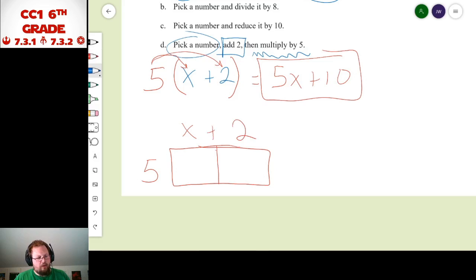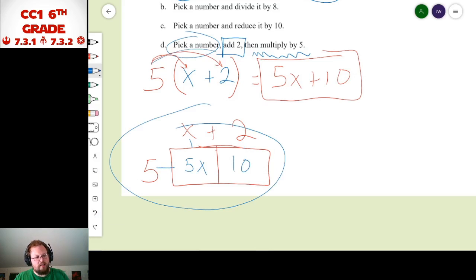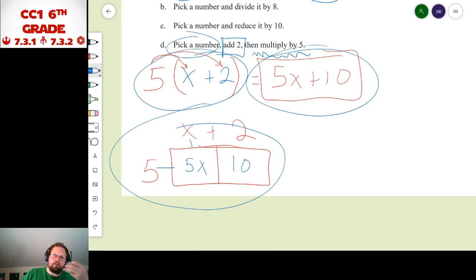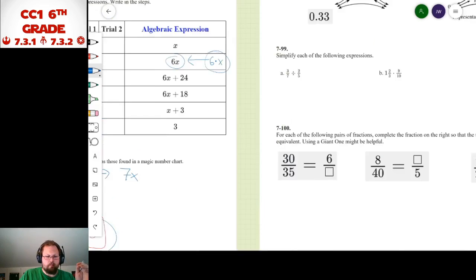Now, 5 times x is the same process you did before. 5 times x is just 5x. 5 times 2 is just 10. And it is the same process. These are all three equivalent ways of doing the same thing. But it's just a relationship that you may not see as this distributive property is one that you've already been doing. It's just been a while.